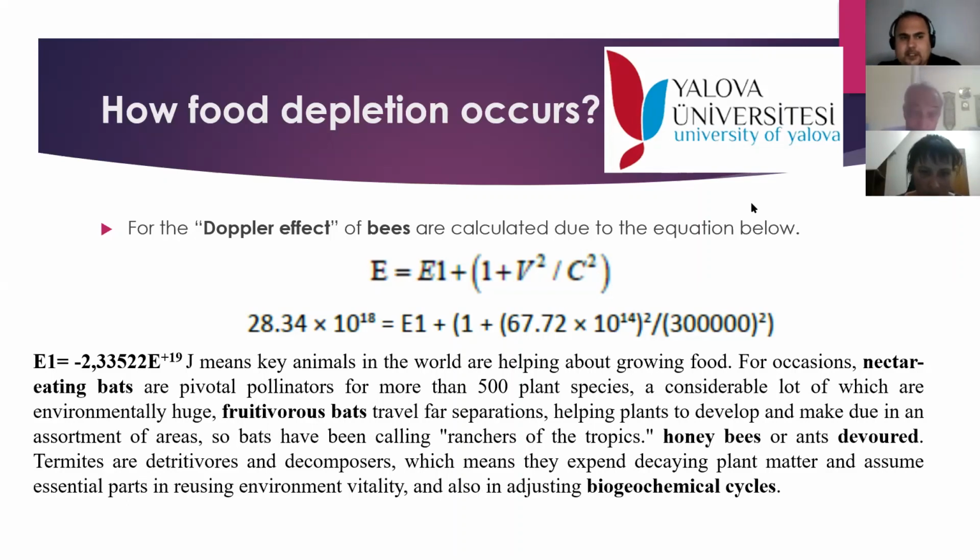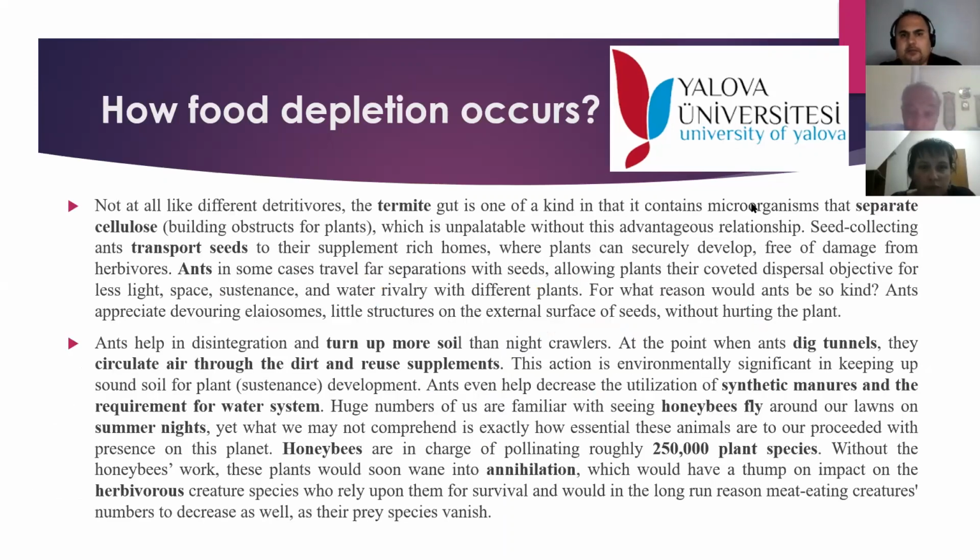Other animals are ants, also called termites. They can decompose the soil, and they can adjust the biochemical cycles. Termites are also essential parts of the world because termites can degrade and separate cellulose.